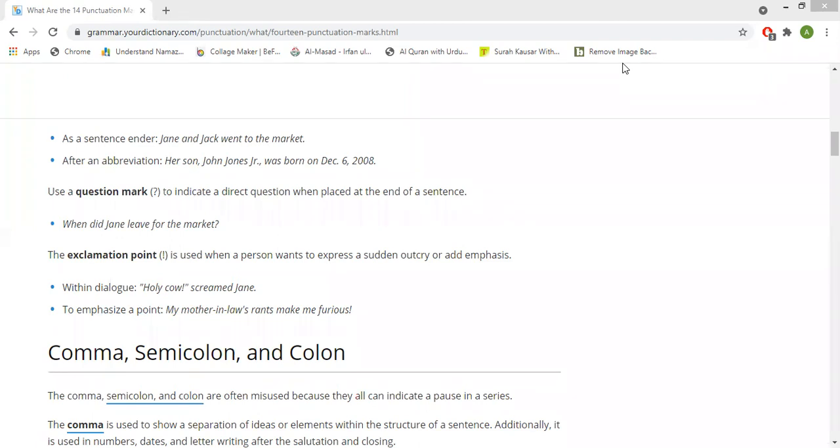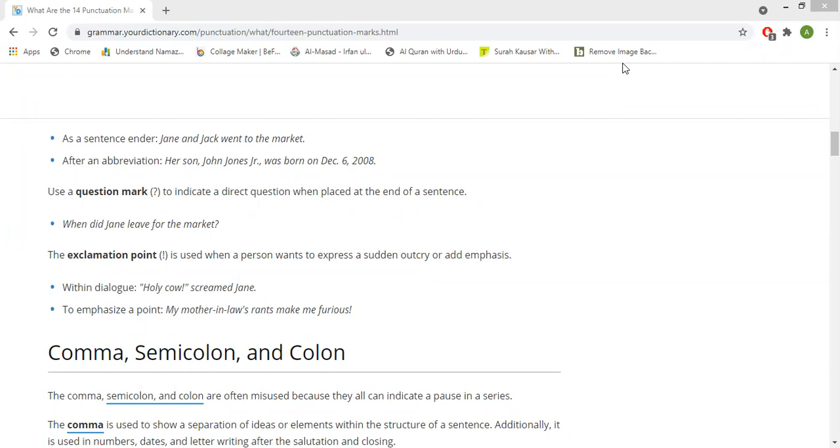It was interjections. So after interjections, or after sentences where there is an expression of sudden joy or feelings, we use the sign of exclamation. For example, after interjections: hurrah, alas, bravo, wow, or to emphasize a point.